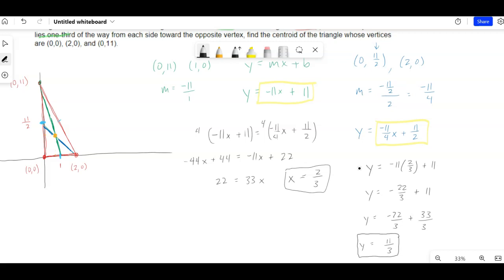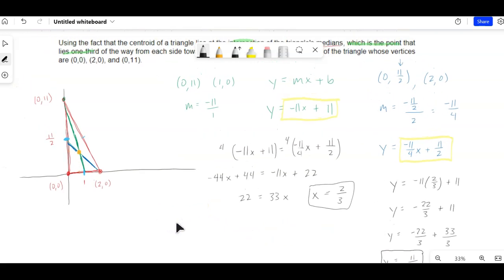So we end up with the x coordinate 2/3, which is 2 divided by 3, and the y coordinate 11/3. That's what we're doing mathematically. The centroid is the intersection of those two lines, each running from a vertex to the halfway point on the opposite side, and we end up with that centroid right there.